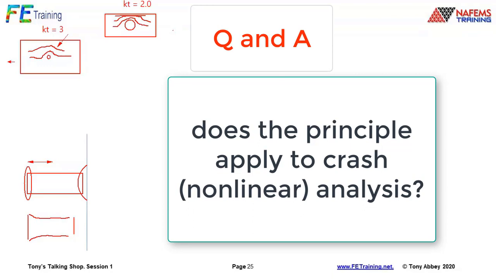So it may well be that we can't ignore that, because that's what's prompting the configuration change, the load path change, and so on. So in an impact crash study, any kind of nonlinear analysis like that, we are actually looking at these local hotspots, and they may not just stay local, they may influence the change of the overall response.